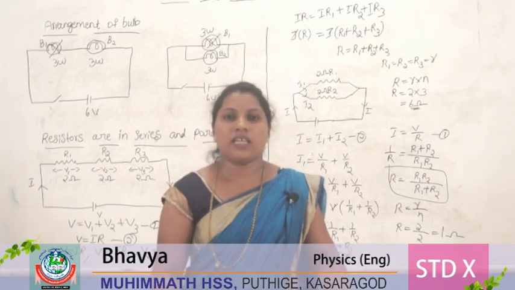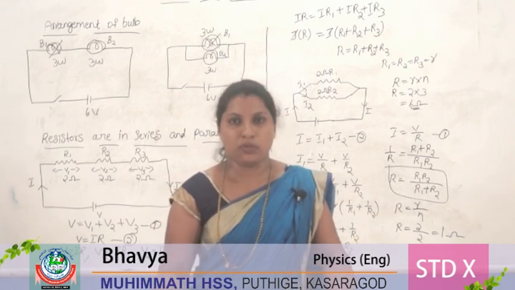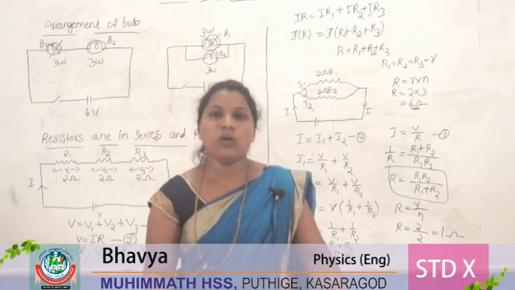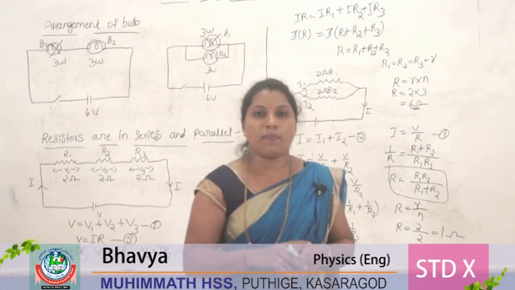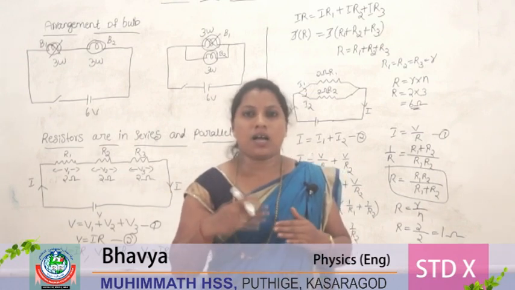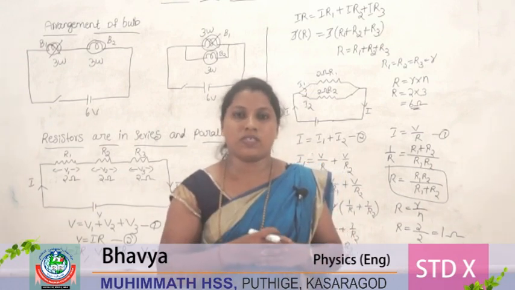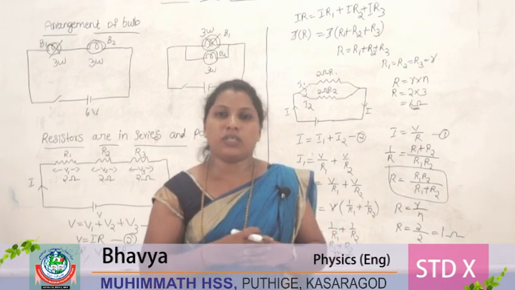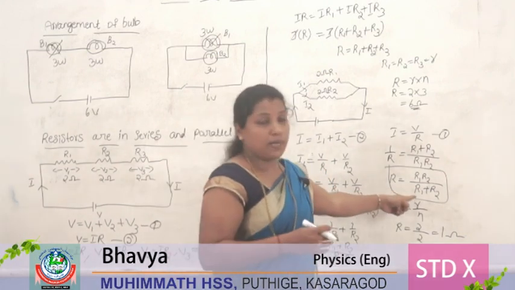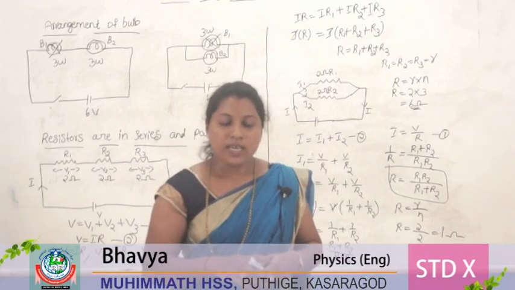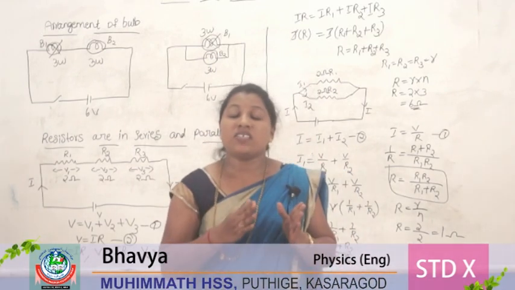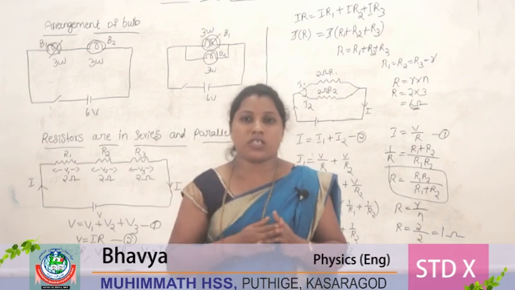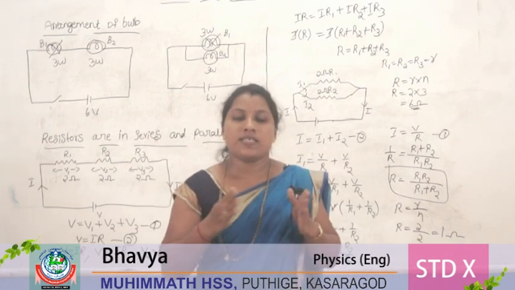In parallel connection, 1 by R is equal to R1 plus R2 divided by R1 into R2, that comes up, and finally you get effective resistance R is equal to R1 into R2 divided by R1 plus R2.